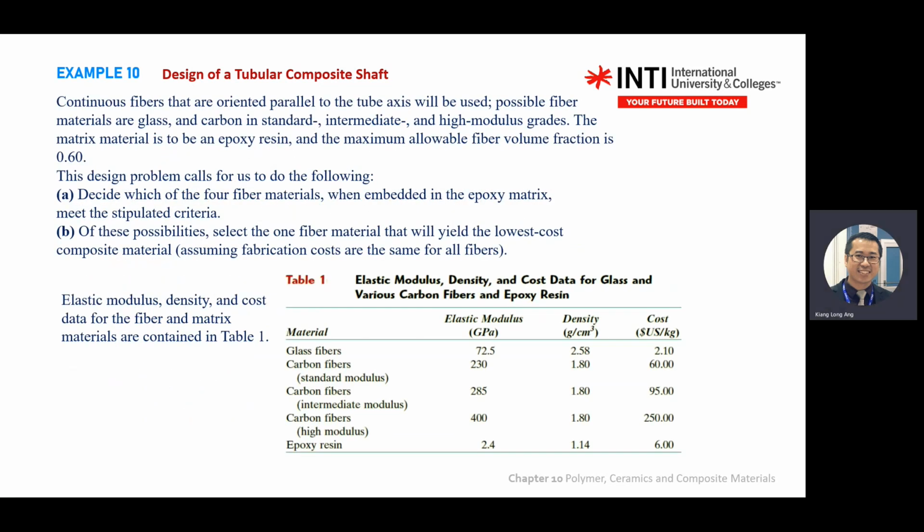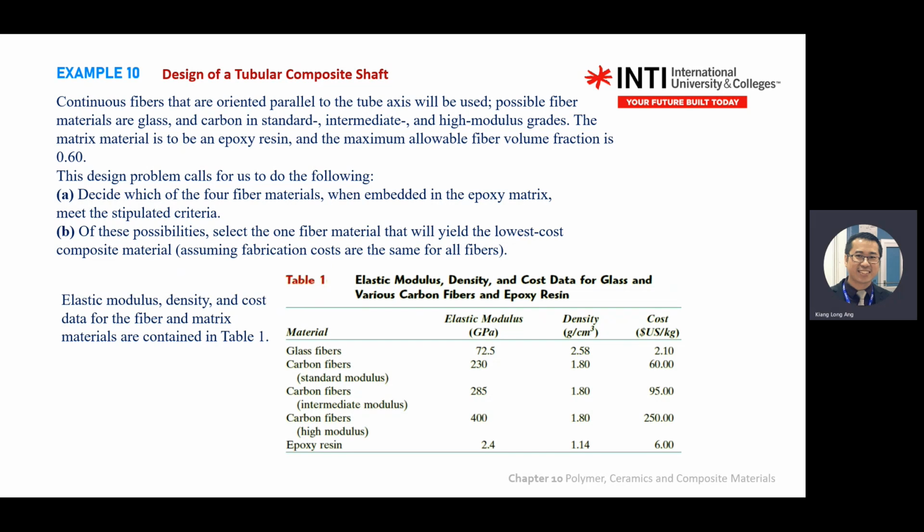So it's a very long question. So you have polymer fiber oriented parallel to the tube axis is used. Possible materials were given: glass, carbon, intermediate grades given, epoxy is given, and so and so. So you're given a table in the question, with all the materials that you can use, the properties, and the cost. It's a design question, it's a long question. Maybe you need to use the full 30 minutes just to solve this one question.